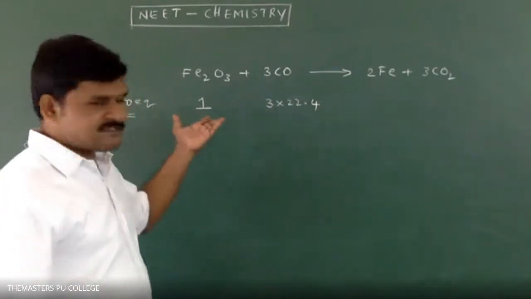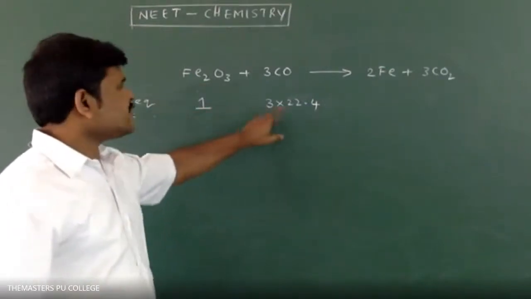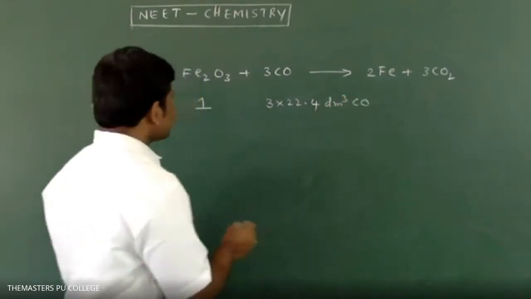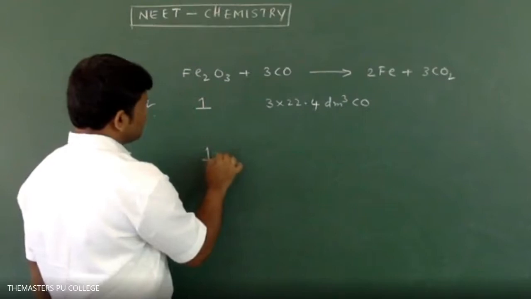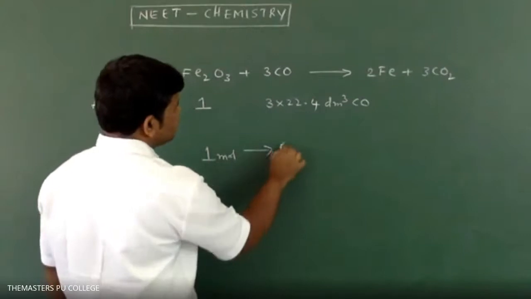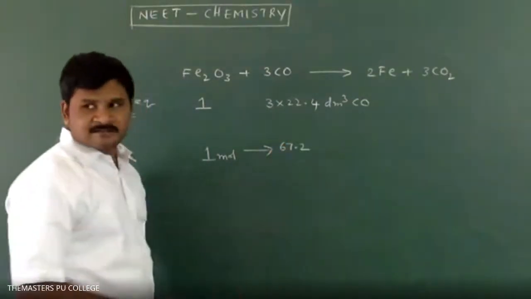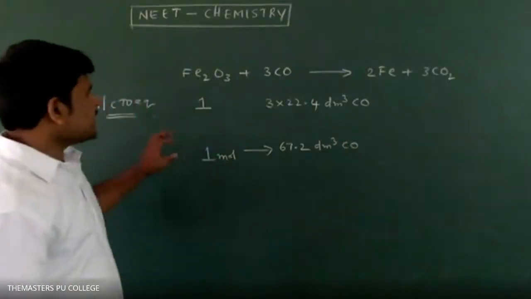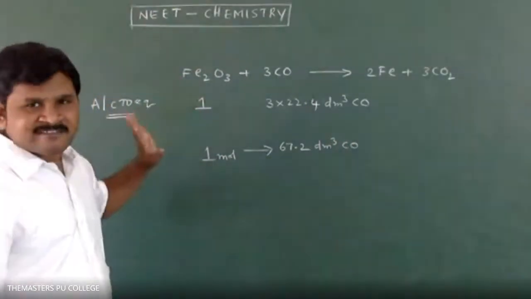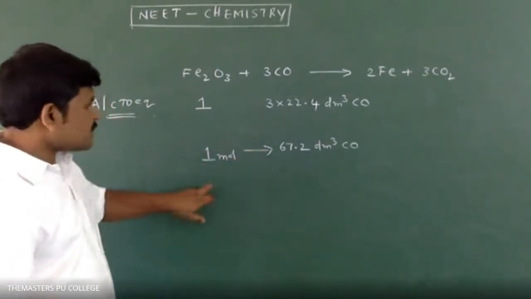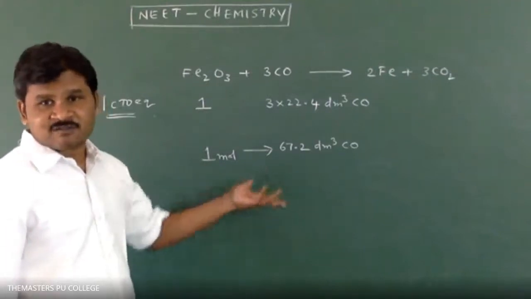So this is almost the whole question. 1 mole of Fe2O3 requires 3 into 22.4, that is 67.2 dm cube of CO. Suppose other than 1 mole is given, what do we take? 1 mole requires this much volume, so x moles require how much?